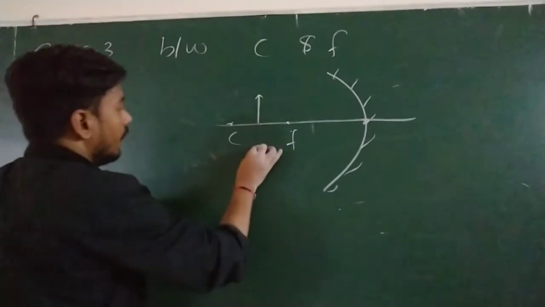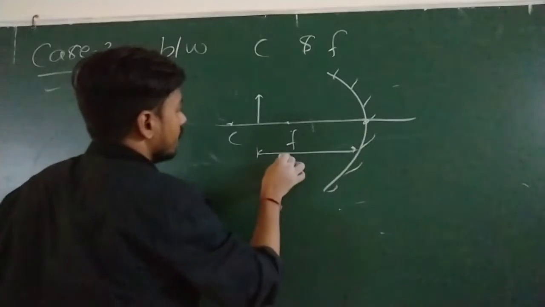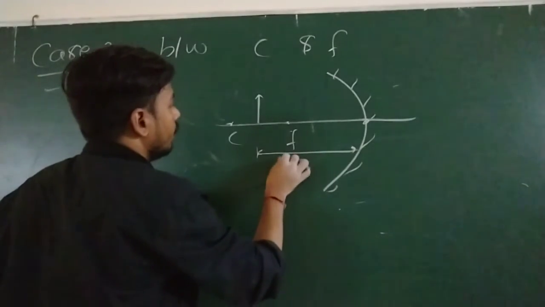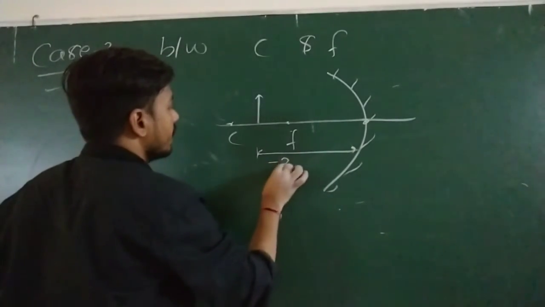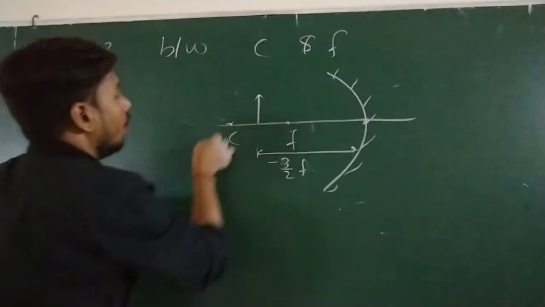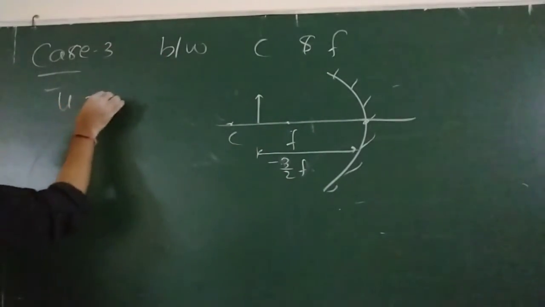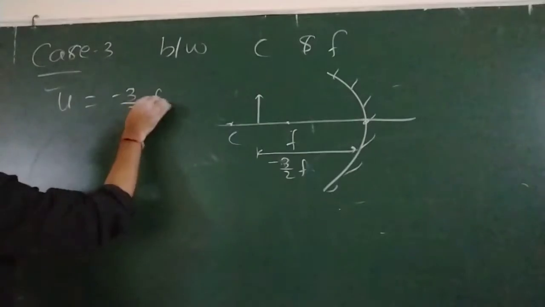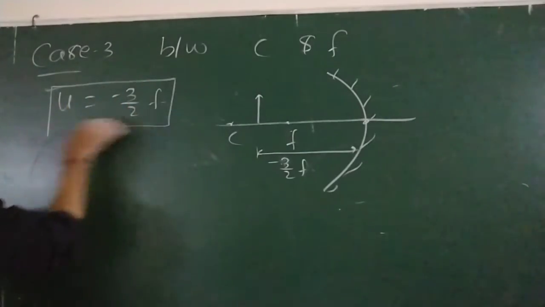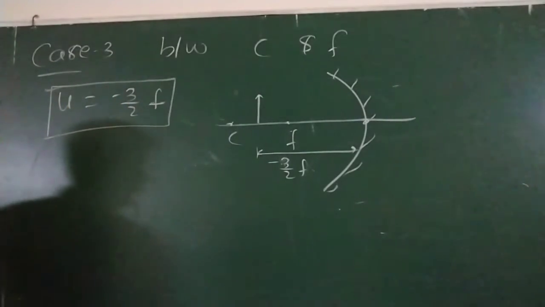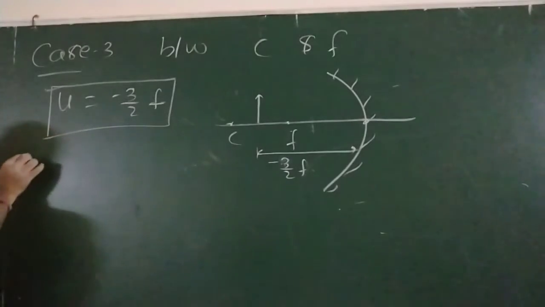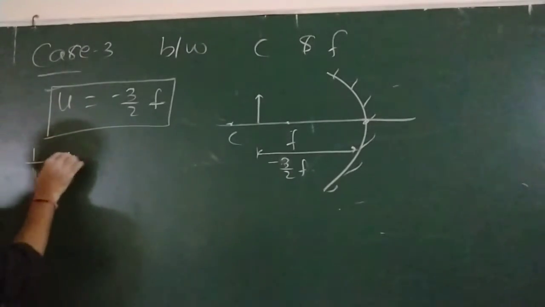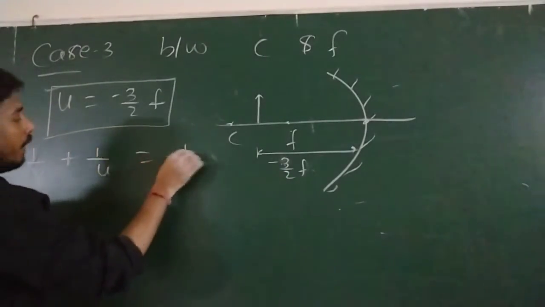Take any practical value. Assume this is 3 by 2F, minus 3 by 2F. Assume the object distance is minus 3 by 2F. You have to assume to get a clear analysis. So find the image distance. From the mirror formula, 1 by v plus 1 by u is equal to 1 by f.